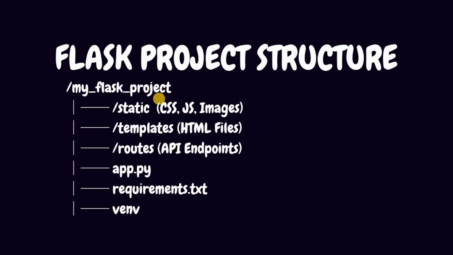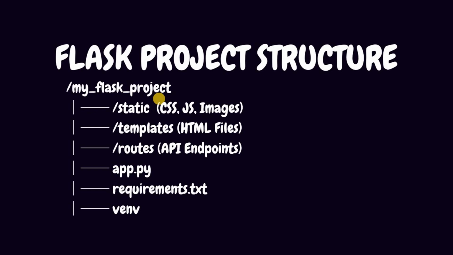Then we also have routes. The routes will help us to open pages inside of our web application. Then we'll have app.py. The app.py is the main file inside of our Flask web application. Then we have requirements.txt. The requirements.txt will include all the libraries that are needed to set up this Flask project in case someone clones it from GitHub.